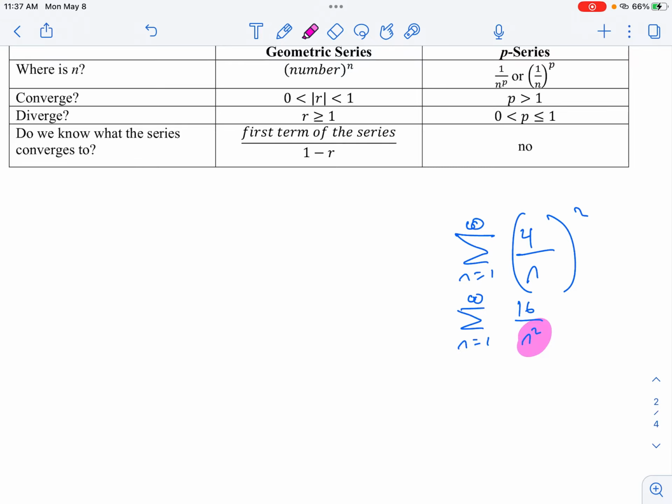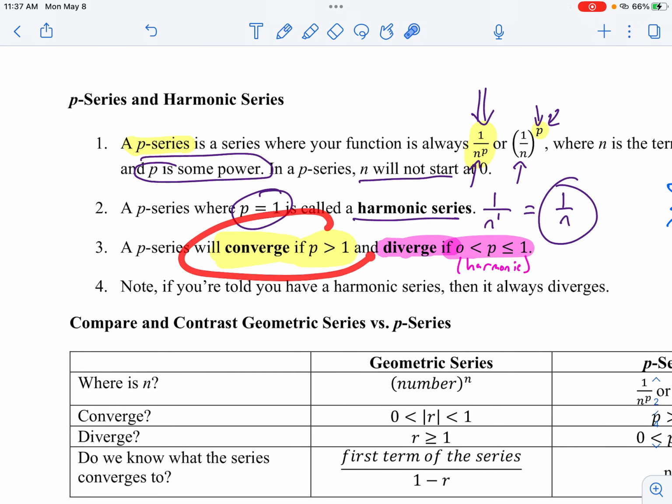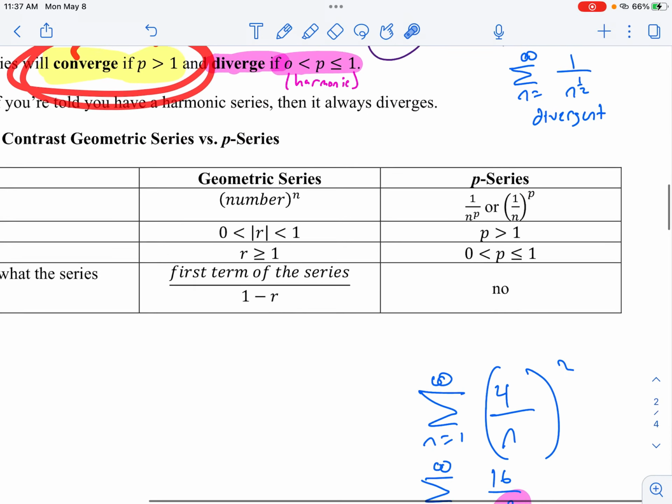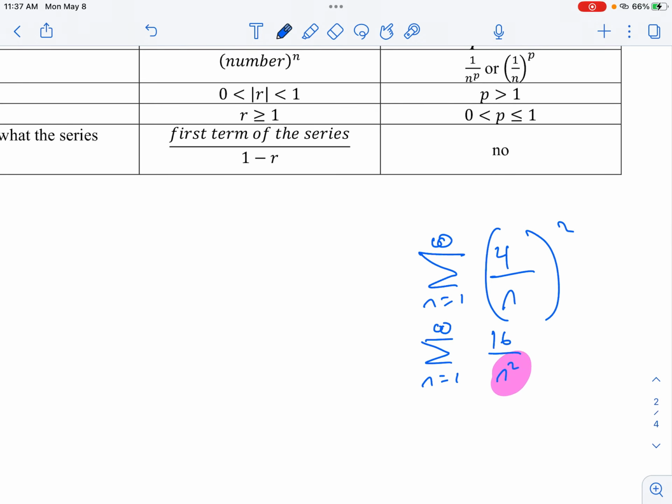Now I see it's something over n to a power, so it's a p series. According to this instruction I'm circling in red, if p is greater than 1, it converges. My p is 2. That's greater than 1. So this is a convergent p series. That's how you deal with p series.